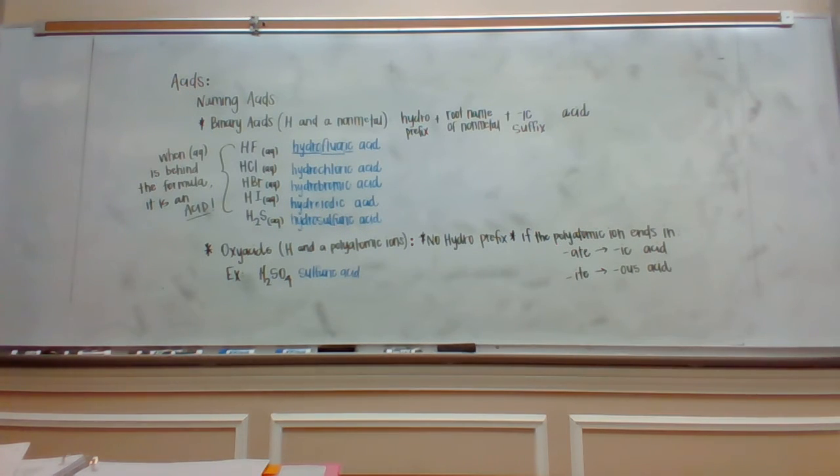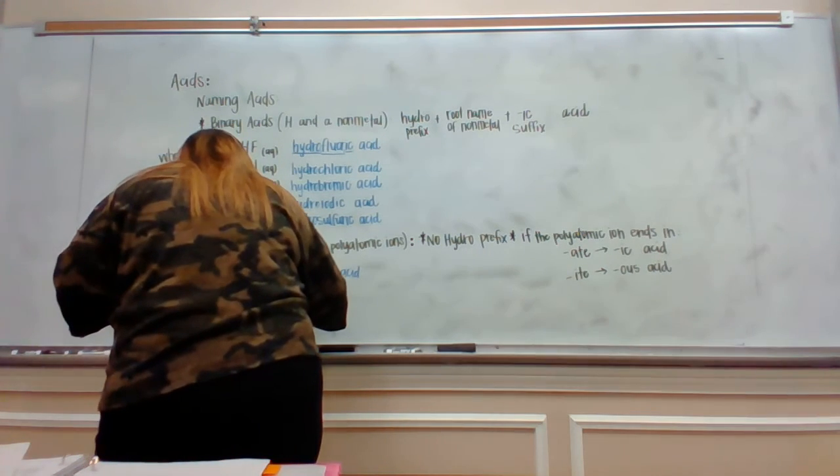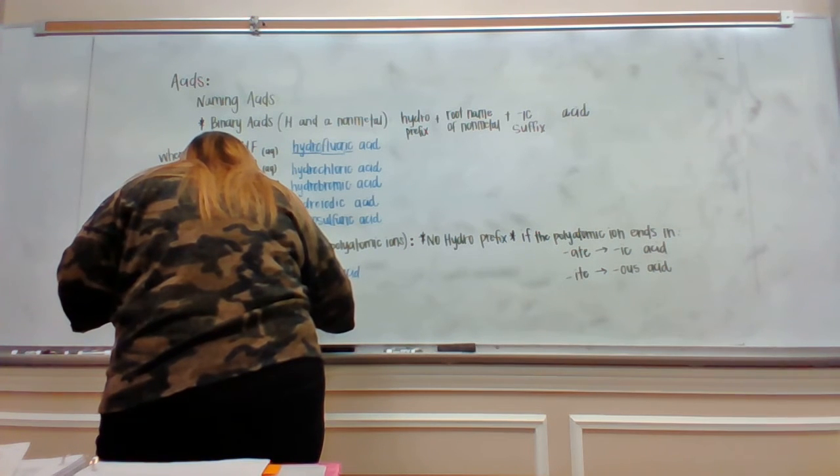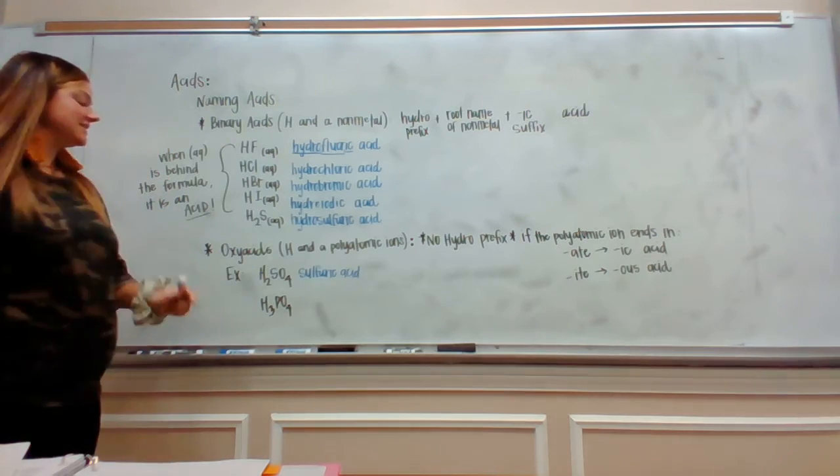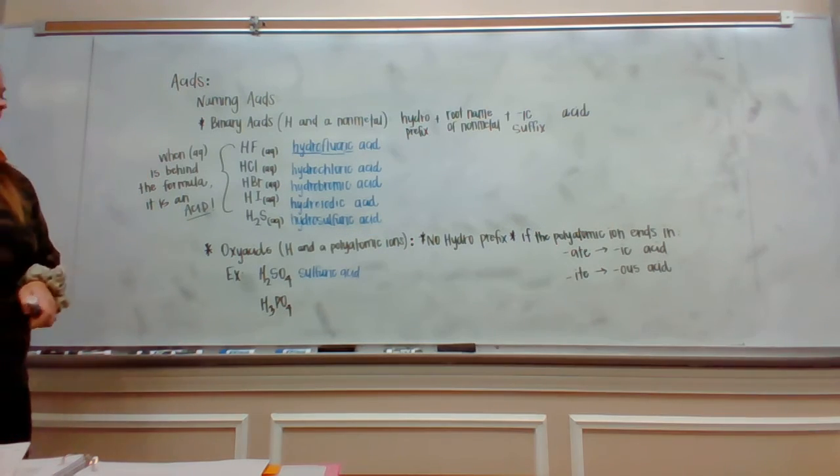So that's what sulfuric acid looks like. It's actually H2SO4. There's 2 hydrogens because sulfate has a 2- charge. So I still just swapped and dropped my charges. Another good example is phosphate. Phosphate has a 3- charge. So the formula for phosphoric acid is H3PO4.